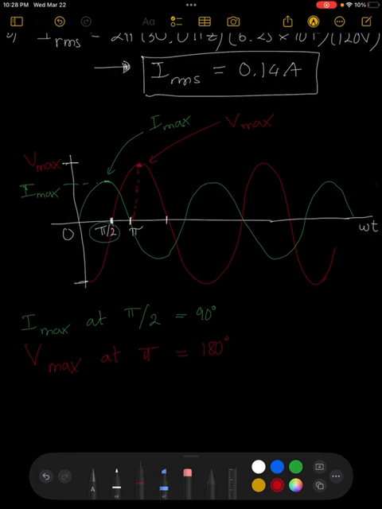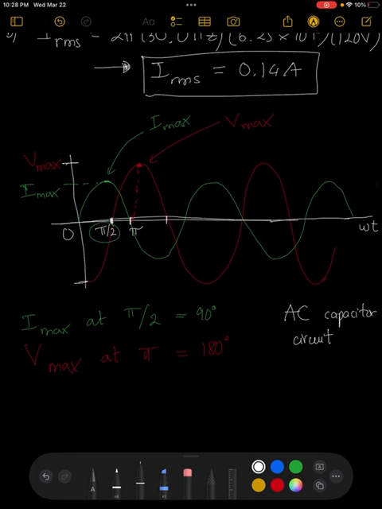So we can see that in this AC capacitor circuit, we reach the maximum current based on this diagram.